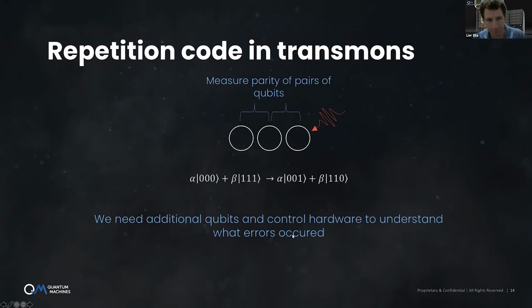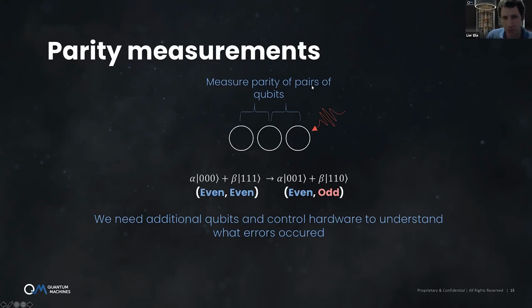And this measurement does not reveal to us what is the actual quantum state. Okay, if you go through the calculation, you will see that. And the important thing is that in order to be able to do this trick, we need additional qubits and control hardware. Okay, so in this specific case, the parity pairs are going to give us, instead of even, even-odd parity.